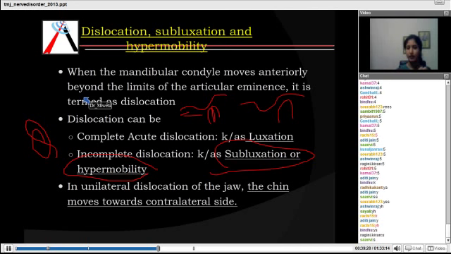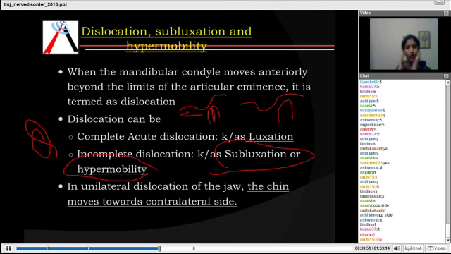Okay. Now, if there is a unilateral dislocation of the jaw, where will your chin go? Just try to imagine that your left side has dislocated. So your chin will deviate to which side? The left side or the right side? Yeah, to the opposite side. Because one side is already dislocated, it will obviously get pushed towards the other side.